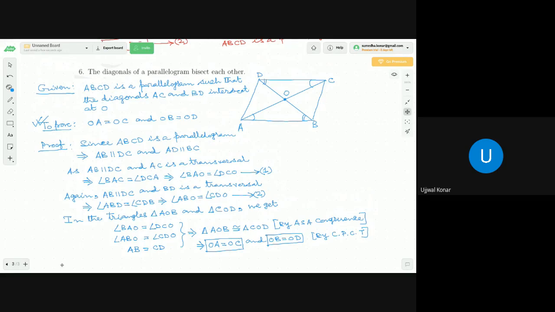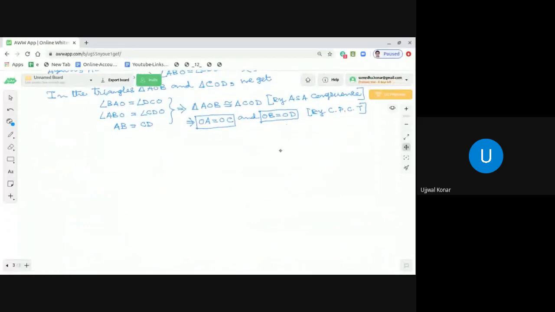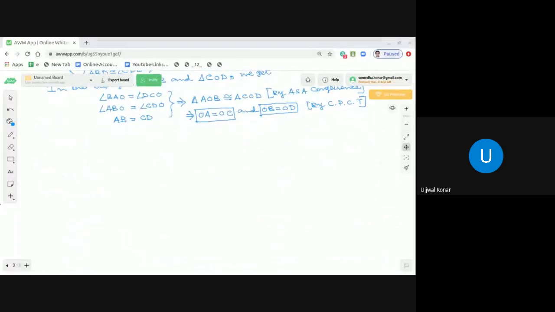Now, let me go to the next property, and I am going to write it down here first. This property says that if the diagonals of a quadrilateral bisect each other, then it is a parallelogram.